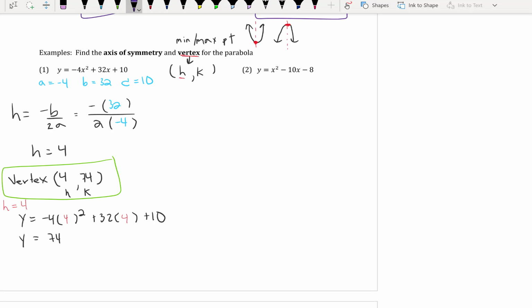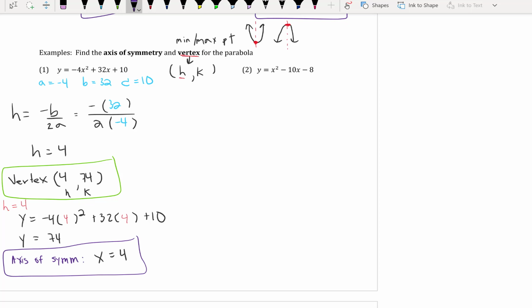So now when I write the axis of symmetry, I'm going to say the axis of symmetry is x is equal to my h value. That h value is 4. So that is how I worked out number 1.